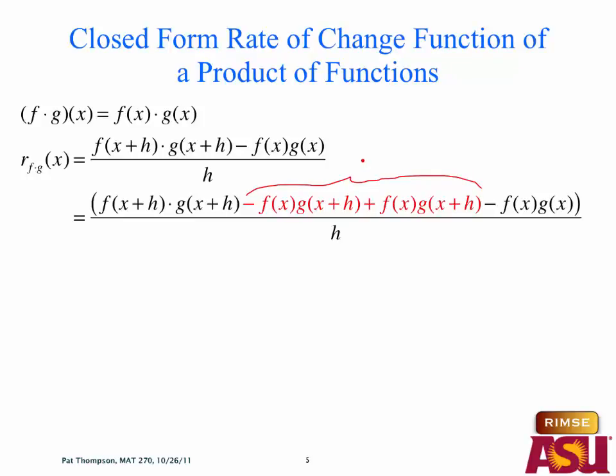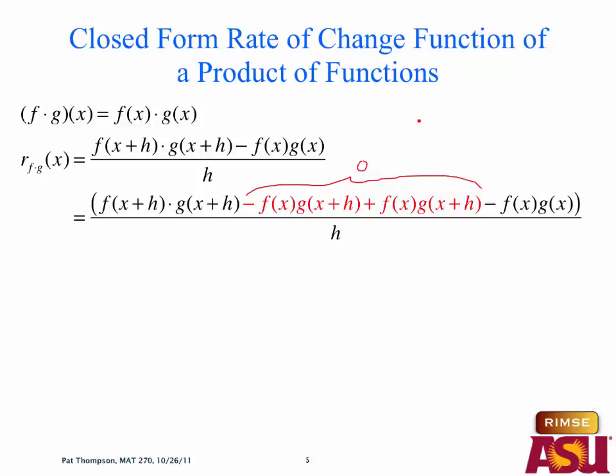Well, we just stuck 0 in there in the form of negative f of x g of x plus h plus f of x g of x plus h. So that's legal, right? Because you can add 0 to something and it's still the same, right? Okay, why do we do that? Because it works.